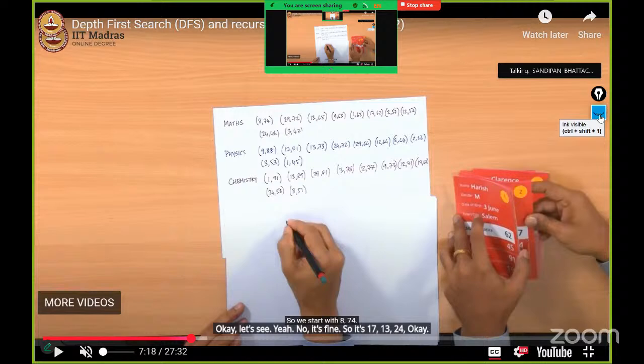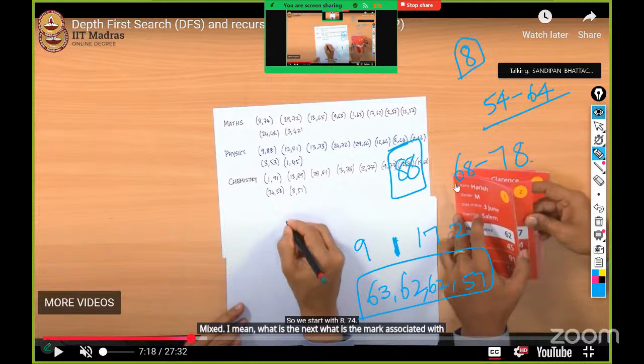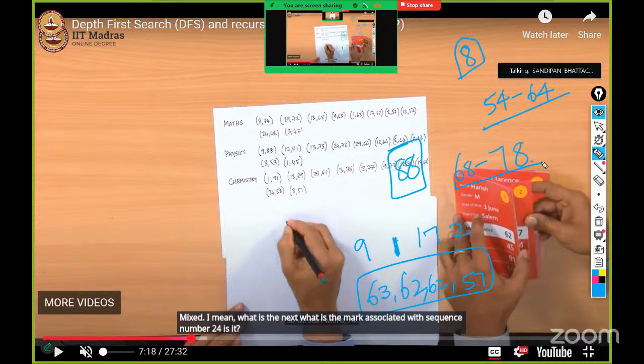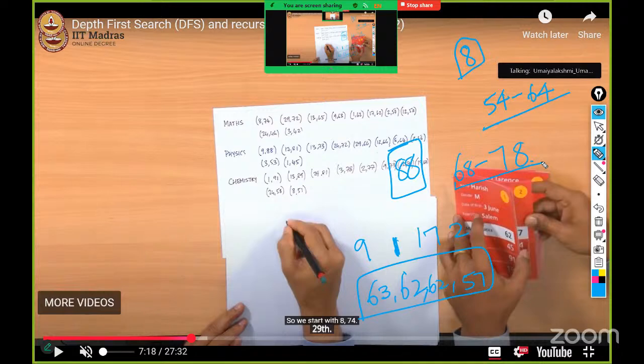What is the marks associated with sequence number 24? Is it 29? Okay, I think these are the only people: 17, 13, and 24 as well.